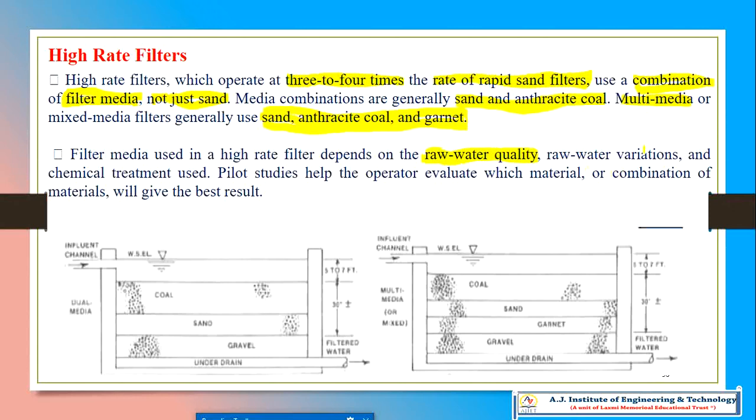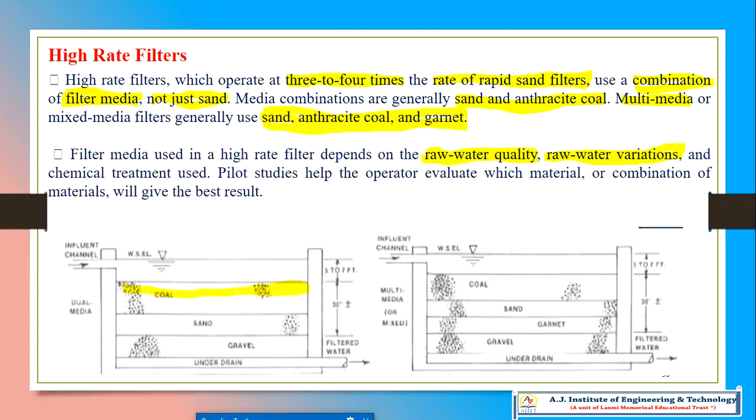Raw water variations matter too: if the water varies by season or daily, for example river water varying with the season, and chemical treatment is used. The pilot study helps to evaluate which material or combination of materials will give the best results.